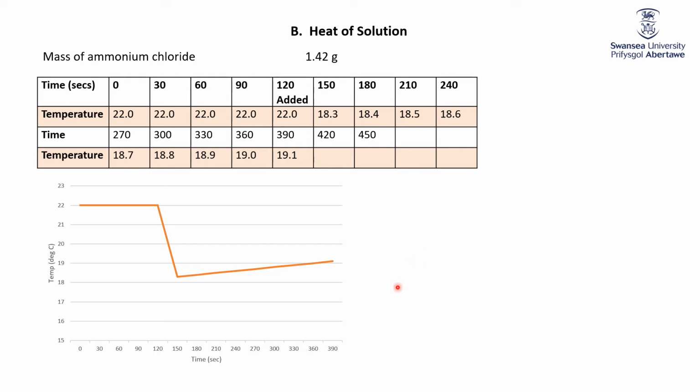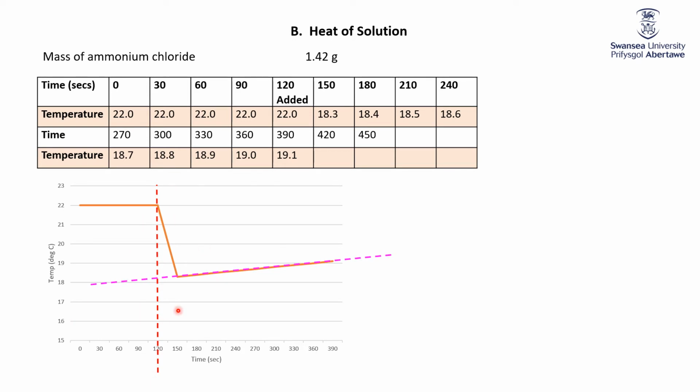So graphically, what you need to do to get the actual minimum temperature is draw two lines. The first thing you do is say, well, I added at 120 seconds. So you draw a vertical line for 120 seconds. And then you've got this warming up part. It started warming up as soon as you added the ammonium chloride and the temperature went down. So in order to get a much better idea of the minimum temperature, you take the best fit line for this warming up part and draw a straight line through that.